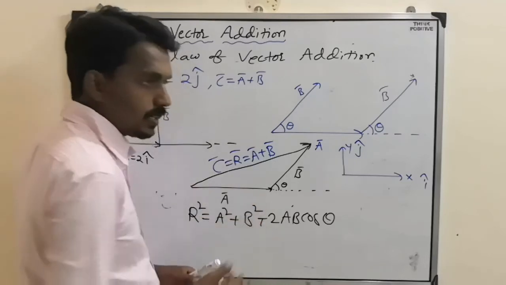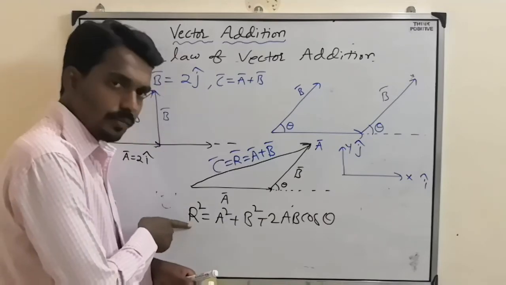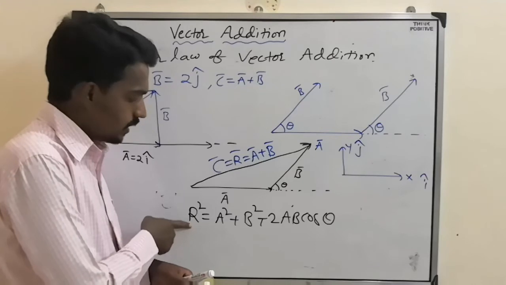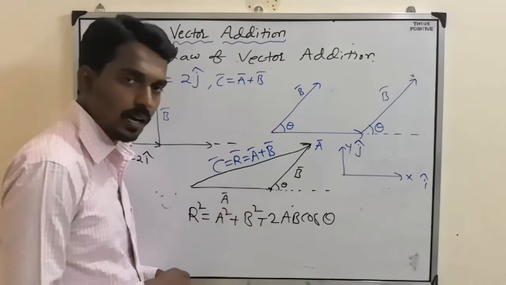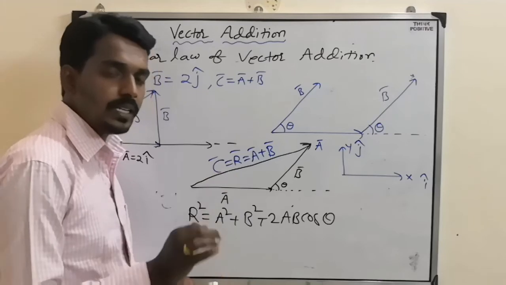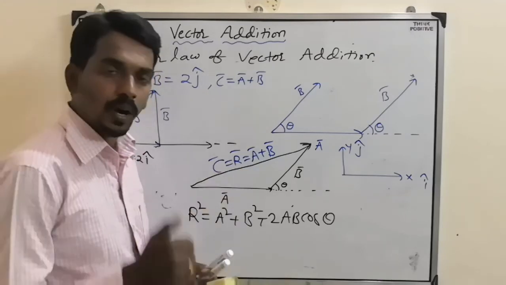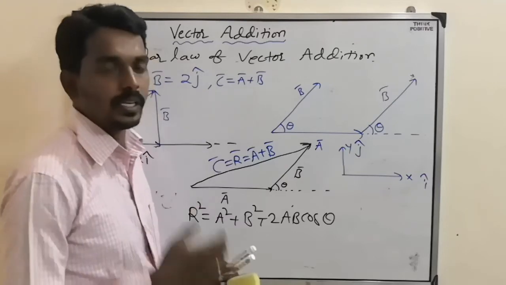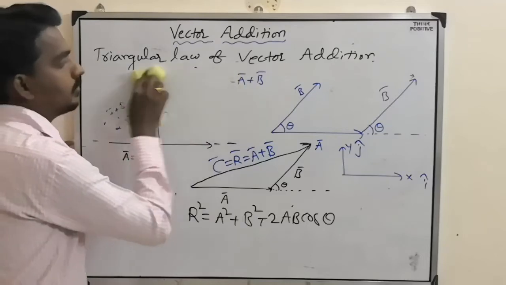But let us try to understand, as I mentioned earlier, that the resultant vector, R bar, which is nothing but A bar plus B bar, always lies between A minus B and A plus B. Why or how? Let's try to understand that.